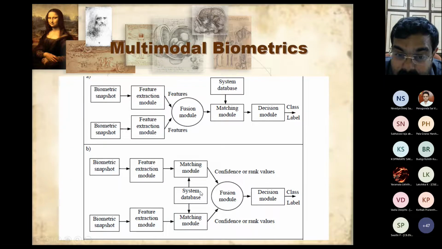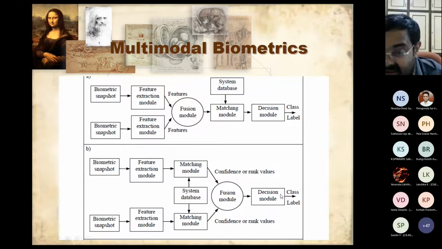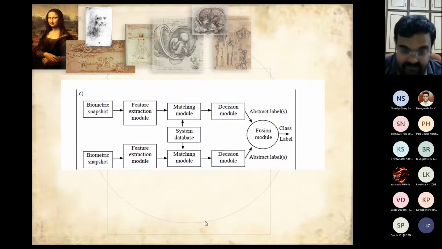So there are two matchings happening. Only if both matching confidence values are 1 and 1 do you get a decision. You know this logic, no? 1 and 1, it's like an AND gate. So if your fingerprint matches but your iris doesn't match, it doesn't accept.